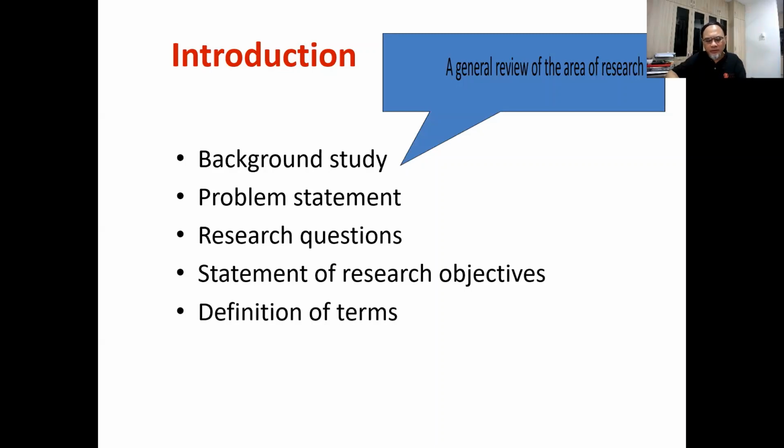For example, you want to do a study on implementation of lean manufacturing in the Malaysian automotive industry. So you need a background study on the automotive industry. You need a background study on the application of other techniques, for example, Six Sigma, total quality management, ISO 9000 in the Malaysian context.